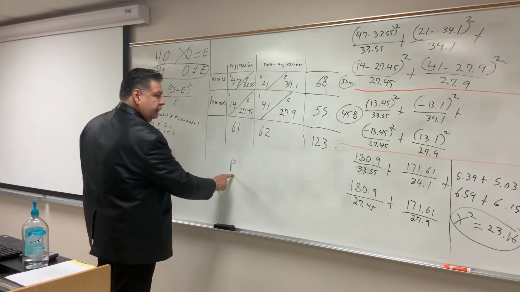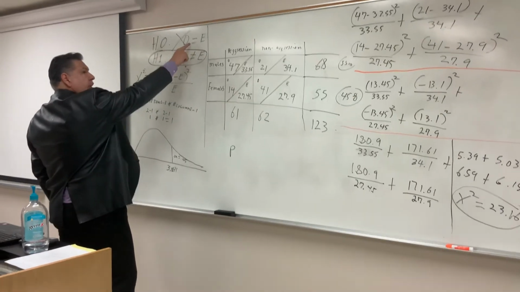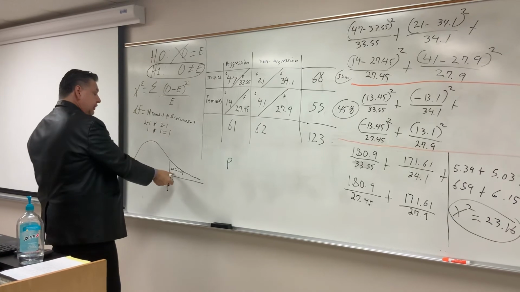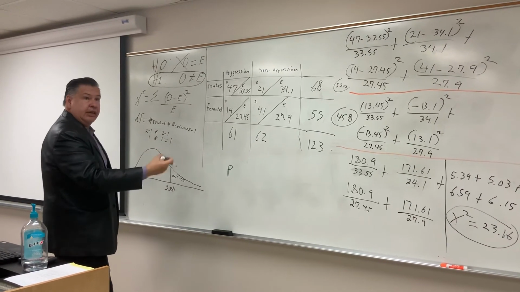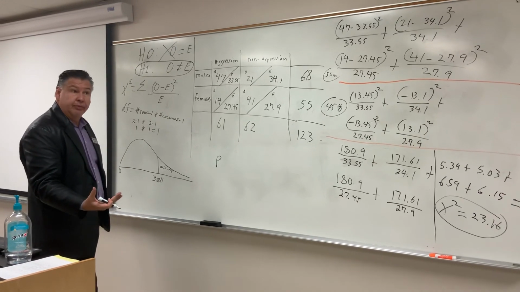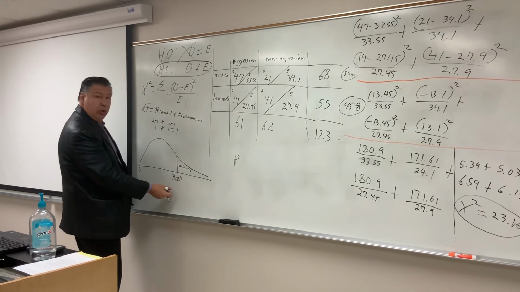The probability for making a type 1 error, remember, is rejecting the null hypothesis when the null hypothesis was actually true. And when I set my alpha level, I'm saying that there is a 5% probability that that's going to happen anyway, with a critical value of 3.841.